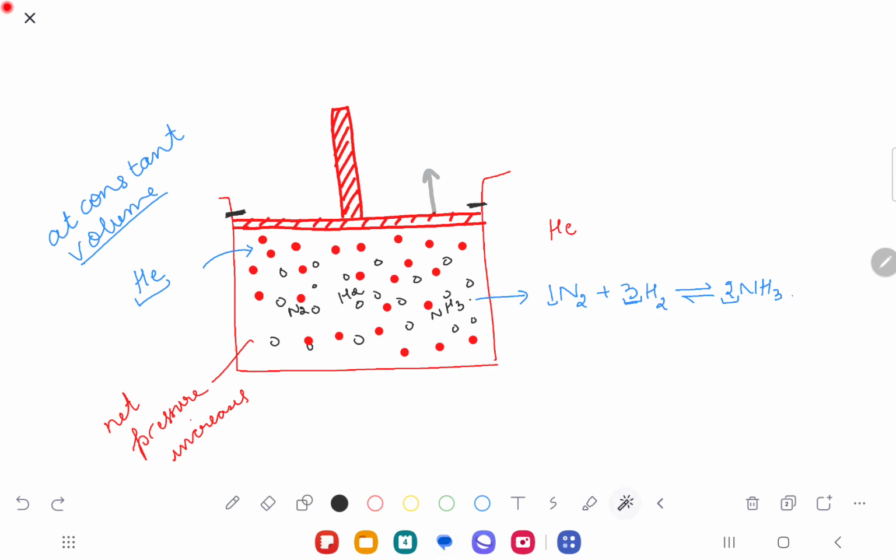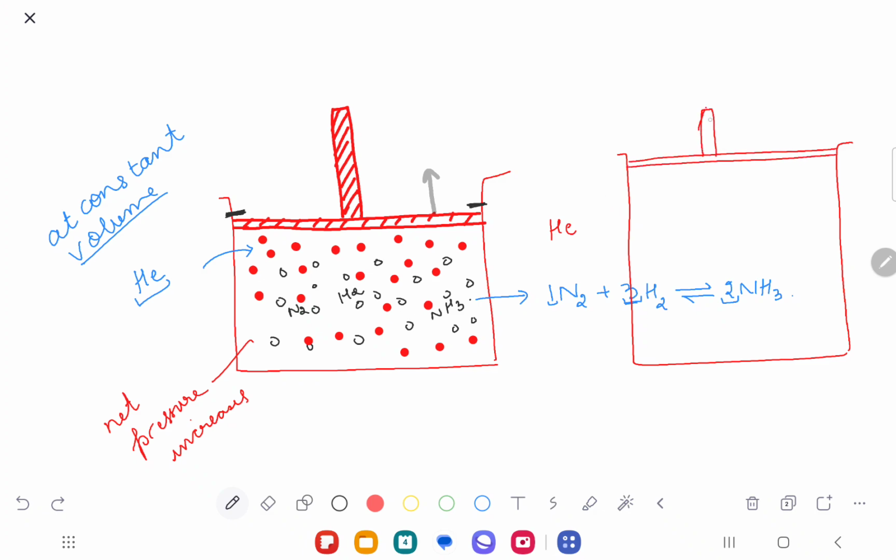Because if this piston would move up, what would happen? Just tell me. The piston would move to a higher position and the pressure will thereby fall, isn't it? And the volume will change. If the piston moves up due to the extra pressure of helium, no doubt on that, it will. So when we have added helium inside, obviously there are other molecules as well.